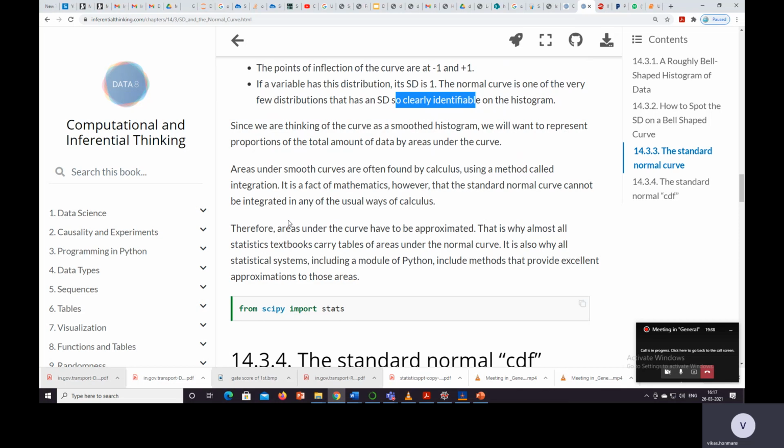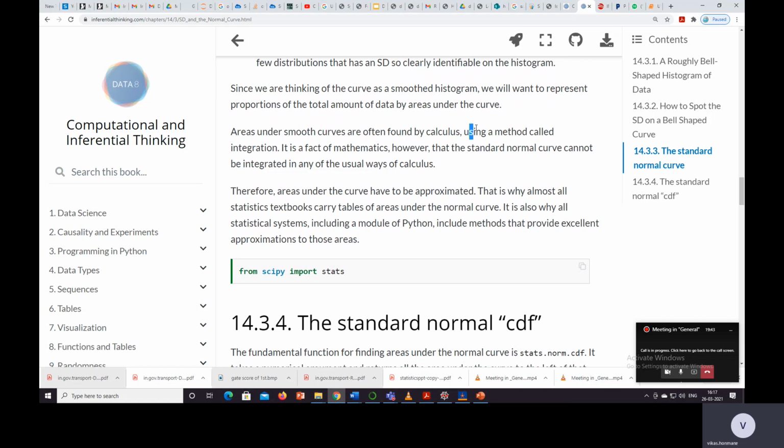Okay, so areas under smooth curves are often found by calculus using a method called integration. In the first module we have seen the integration method, how we compute the area under a curve.